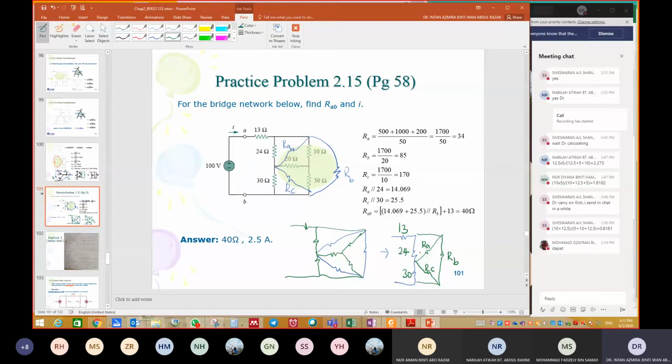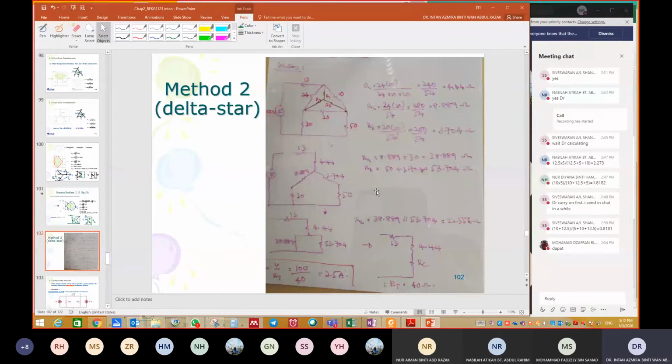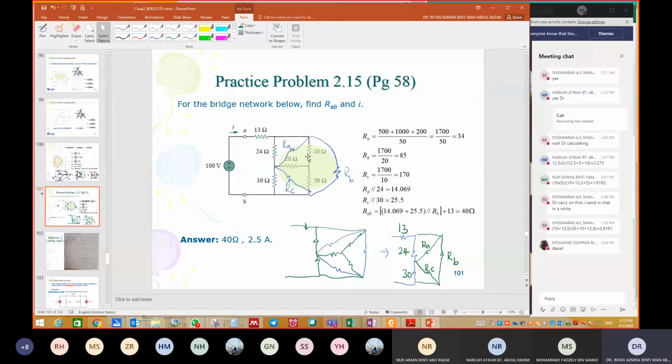So now please solve for RAB plus 13 here, and R total is equal to 40. Meaning that whether you convert star to delta or delta to star, you will get the same answer.